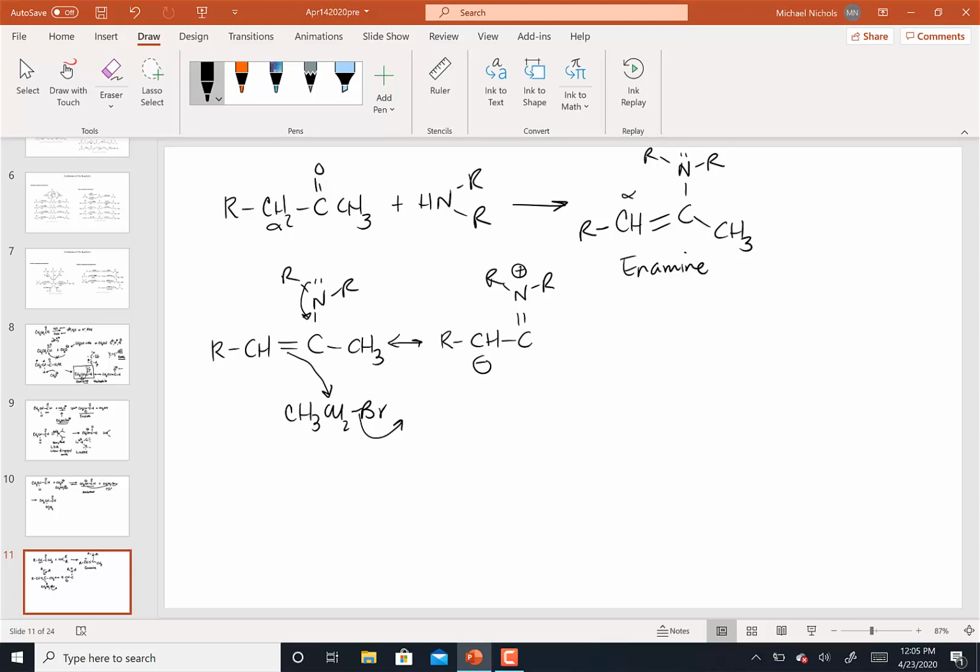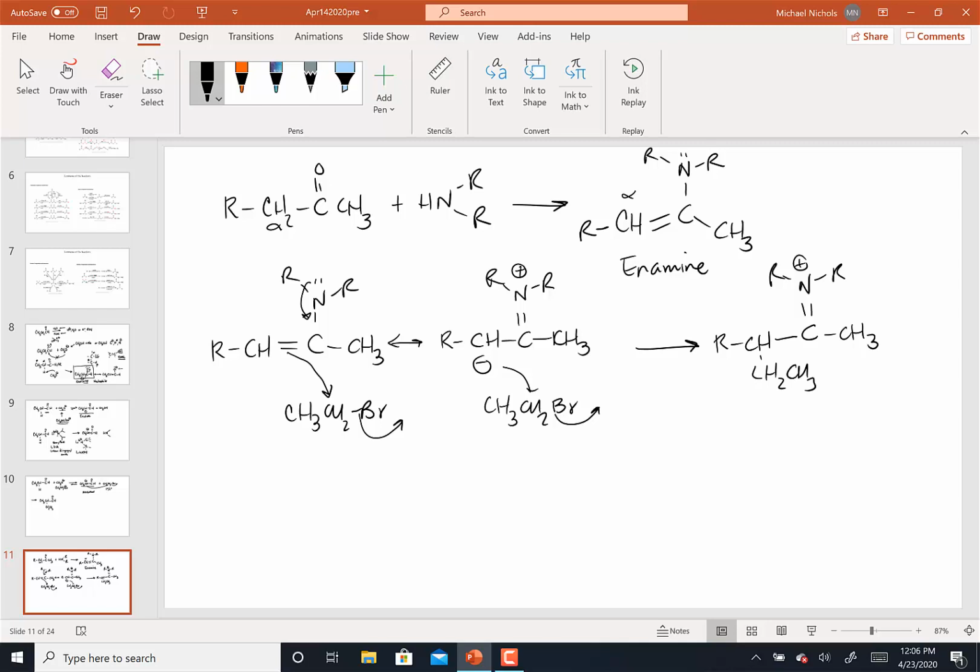The positive charge on the nitrogen, and then the negative charge on the carbon, so that C- is what's going to attack the CH2 of the ethyl bromide and kick off the bromine. So that makes it a little bit clearer what the nucleophile is. So the product that I make is going to have the CH2CH3 now attached. And I'll have this nitrogen now with its positive charge and its CH3 group here.